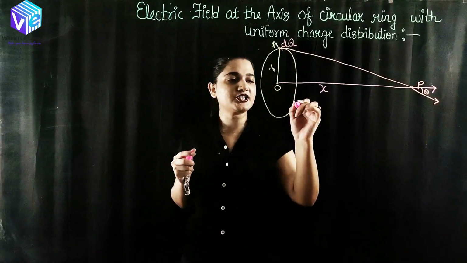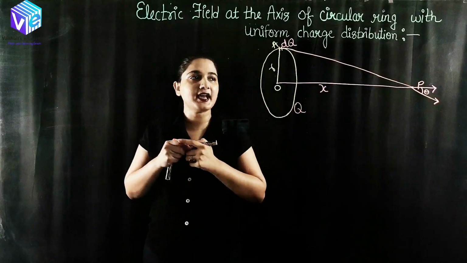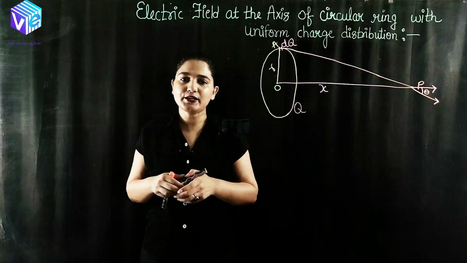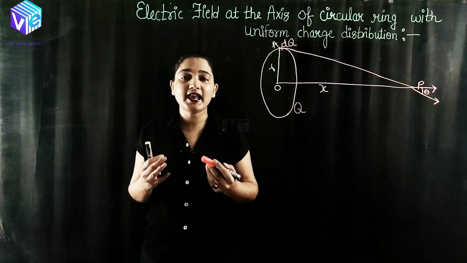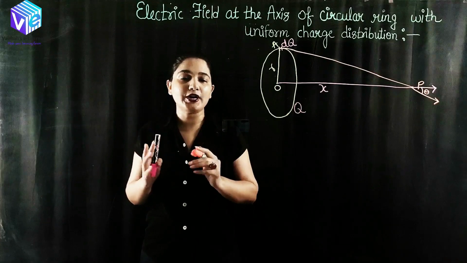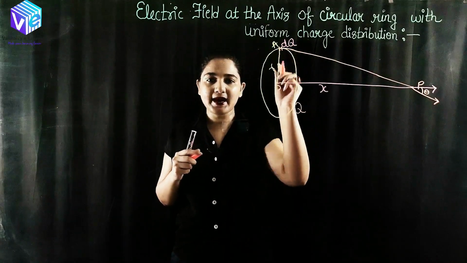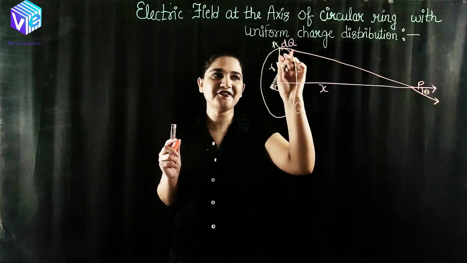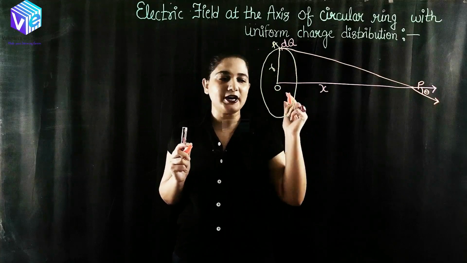If the total charge on the ring was q, the charge on this infinitesimal portion will be dq. I hope you remember how I computed the electric field due to a point. Here we are considering this very small element as a point, and we can find the electric field intensity at point P due to this point charge.